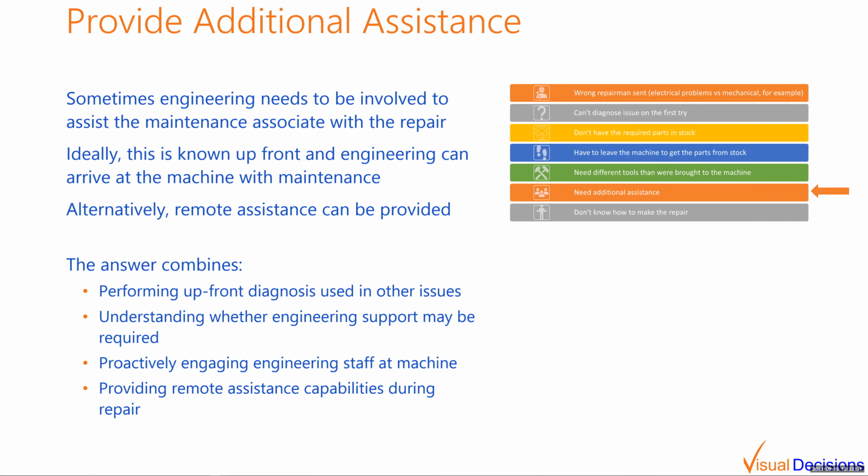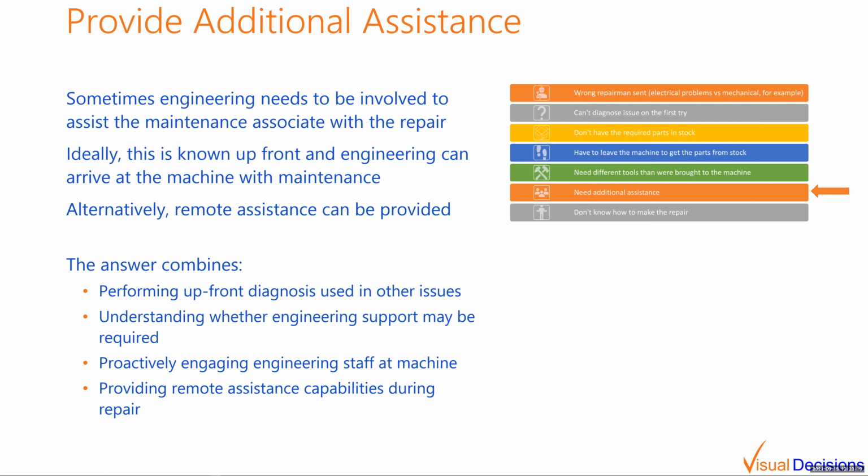Fairly often the maintenance person will get out there and they'll need additional assistance. They're either not fully able to diagnose the problem or they're not able to fix the problem on their own. They may not have the right procedures, and so they need help. In a lot of cases, they have to walk to the engineering office, place phone calls, do other things, and wait for people to show up.